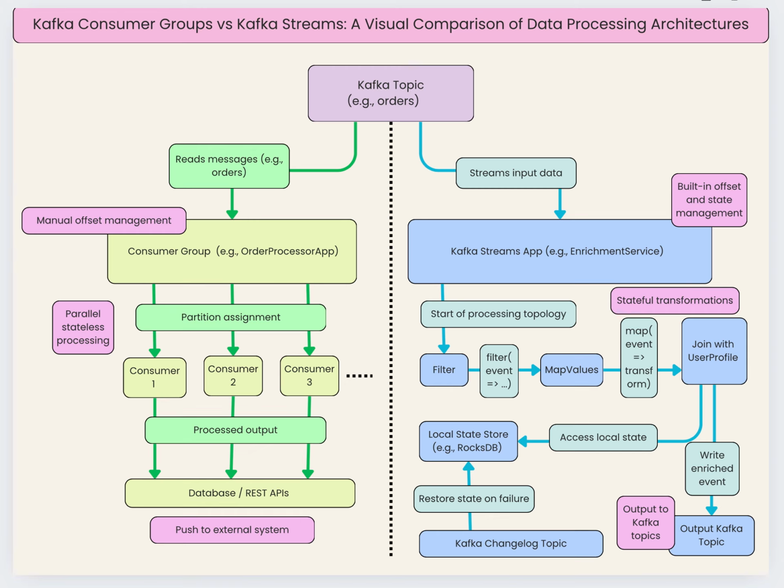And since you can use any language, Java, Python, Go, Node.js, Kafka consumer groups are very flexible. They are perfect for microservices, log processing, and simple ETL pipelines.